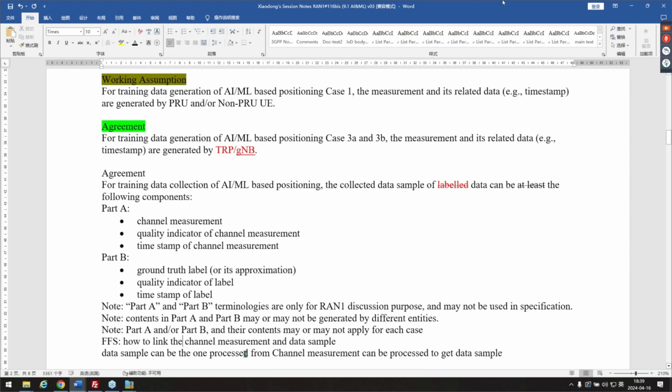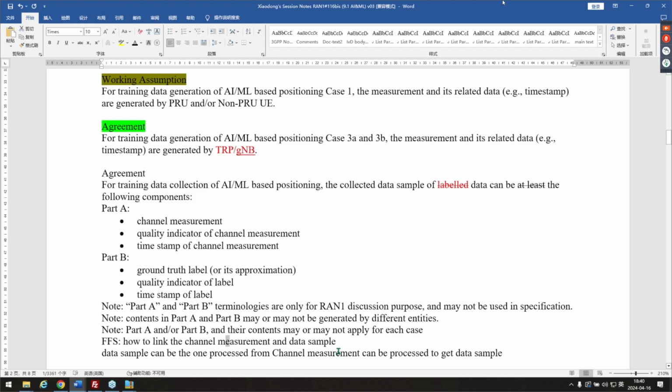Yeah, I can live with this wording. How to map? FFS details of the channel measurement.